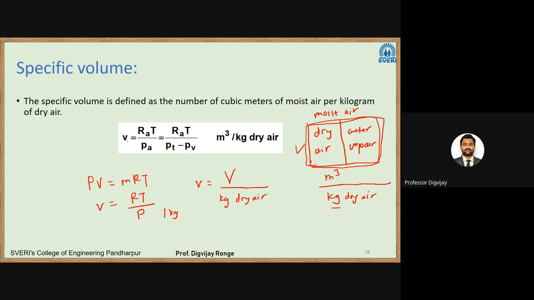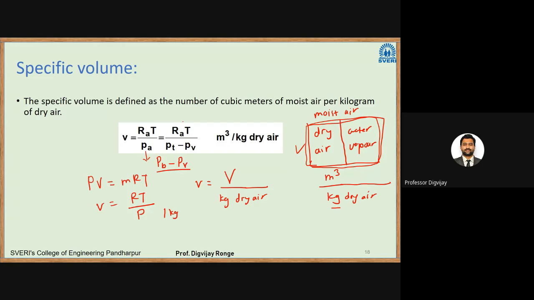Similarly, they have taken R_a T, that means the gas constant of air, into temperature, that means the dry bulb temperature, divided by the pressure, that means the atmospheric or air pressure. This air pressure is nothing but the partial pressure of dry air. This can be replaced by the total or barometric pressure minus the partial pressure of water vapor.